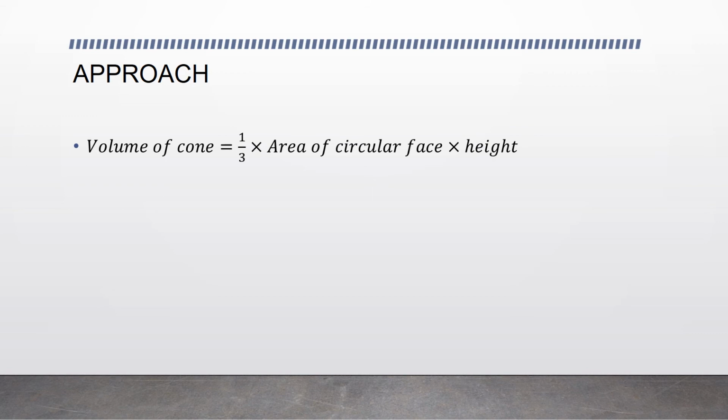The volume of a cone is 1/3 times the area of the circular face of that cone times the height, which is perpendicular to the circular face. That is 1/3 times 22/7, which is pi, times 3.5 centimeters, all squared, that's the radius, times 15 centimeters, that's the perpendicular height.